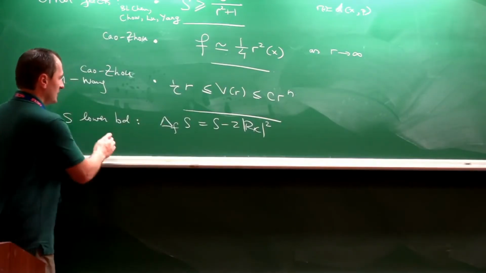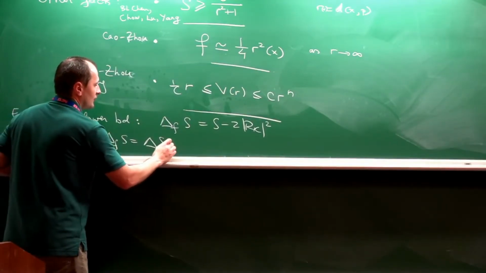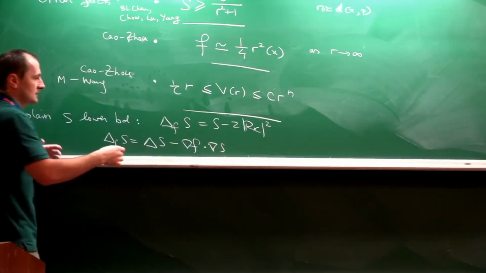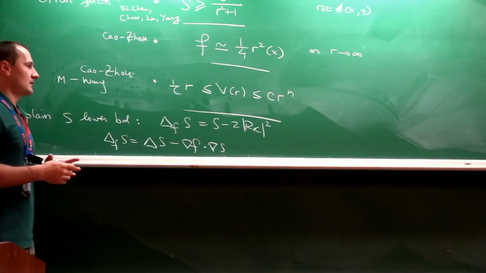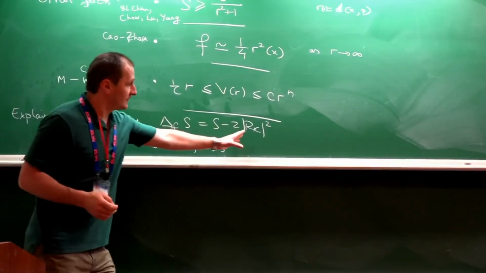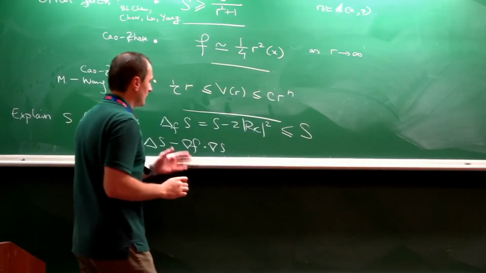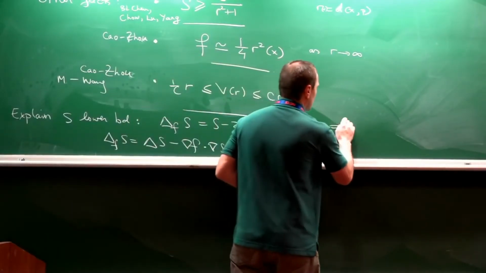Here this means, I didn't explain, the usual Laplacian minus the gradient. So there's a drift Laplacian. Obviously this is a positive quantity. I can definitely say this is less than S, right? So I have the drift Laplacian of S less than S. That's clear.